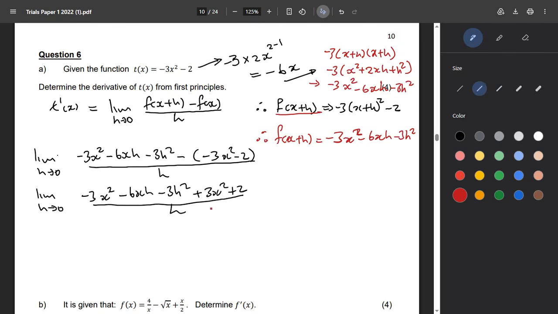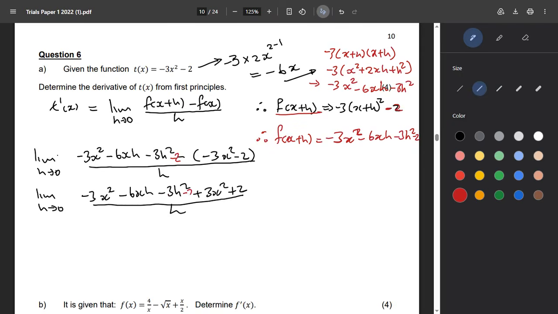So look at this. Are we forgetting something? I think so, because remember, we still have this minus 2 here. We forgot to include the minus 2 there. So we need to include the minus 2 here.